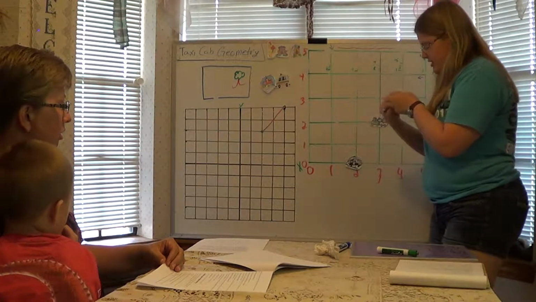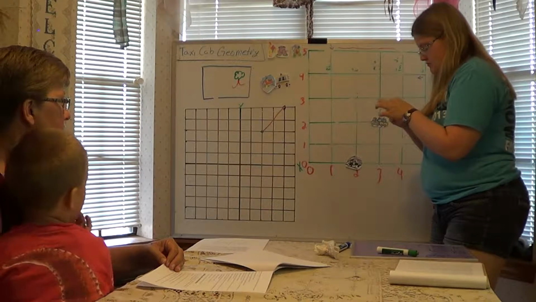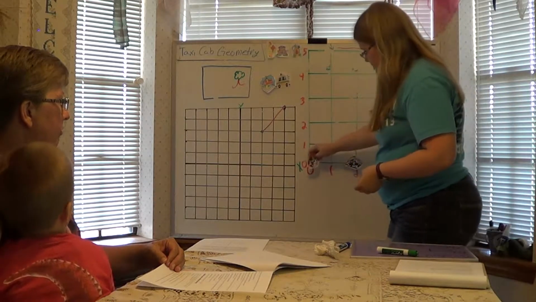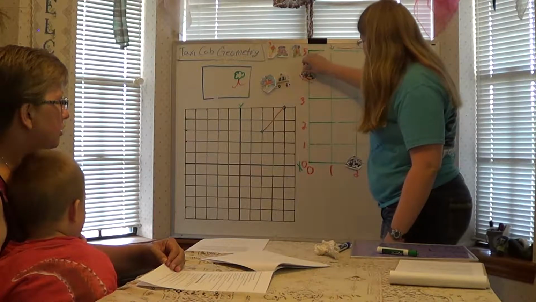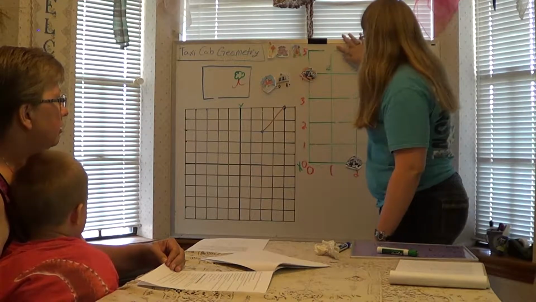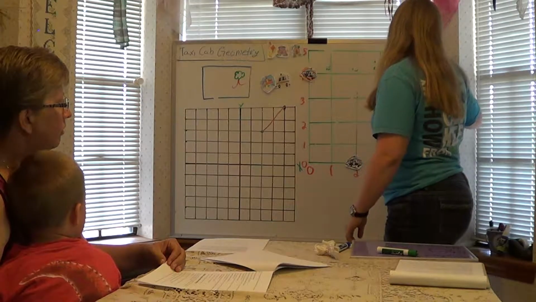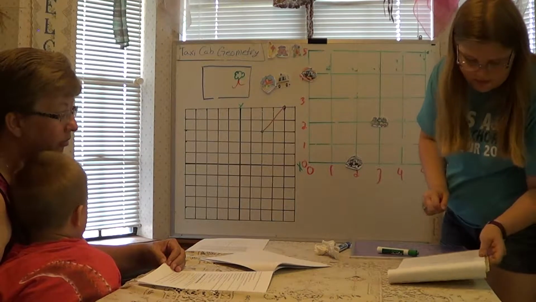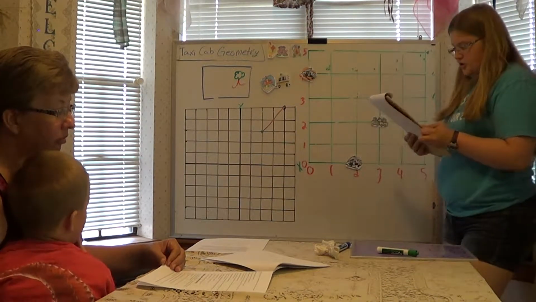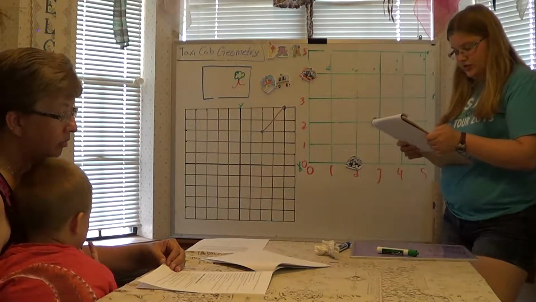Can you tell me how to get there? You go over to the, no, you just go up to the 4 on the y, because 0 is the x. Good job. Okay, so our one-way streets disappeared. I took those away. Okay, so I want you to quietly figure out which car has the shortest distance to reach the accident.